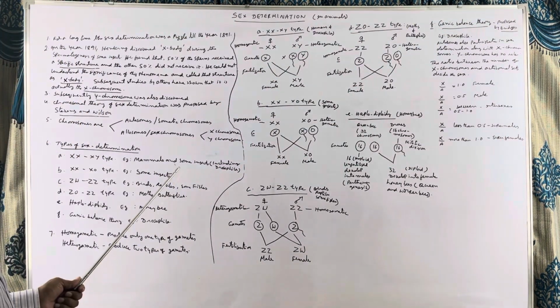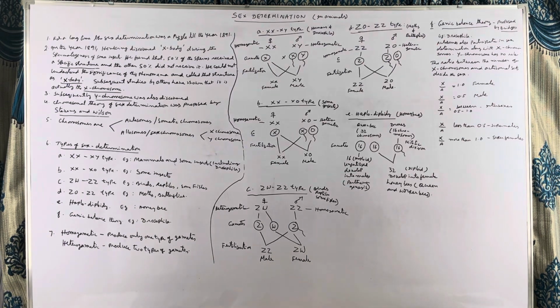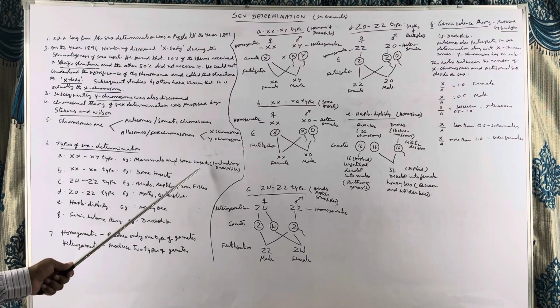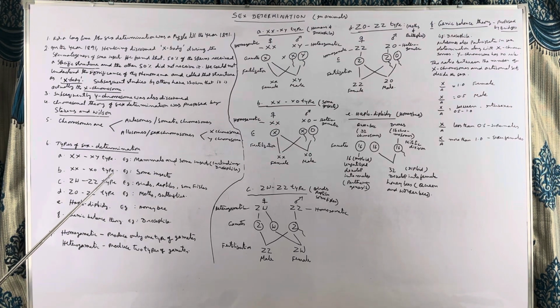Then, there are various methods of sex determination in animals. They are known as XX-XY type, found in mammals, including man, and some insects, including Drosophila. XX-XO type, it is found in some insects.